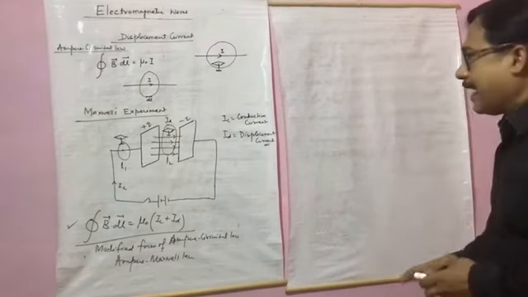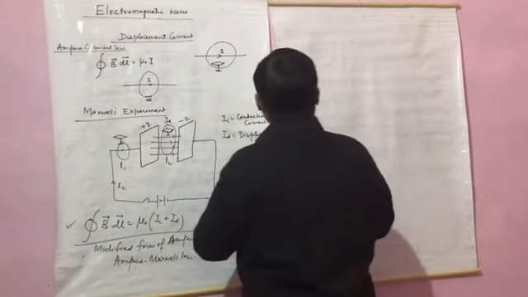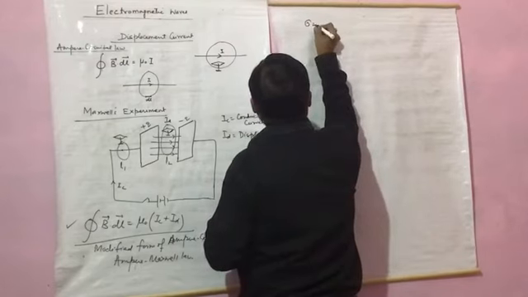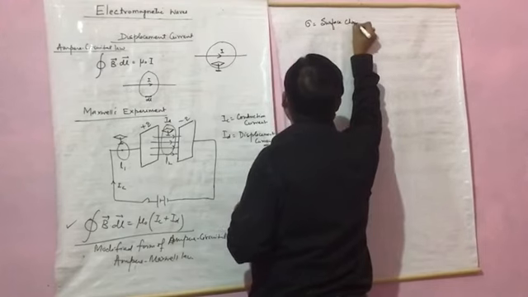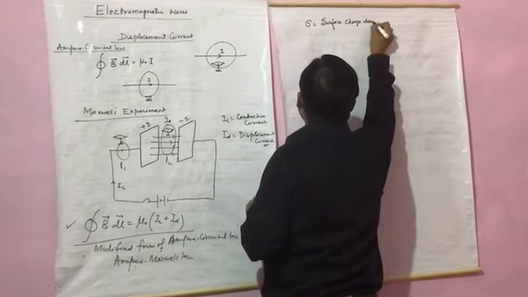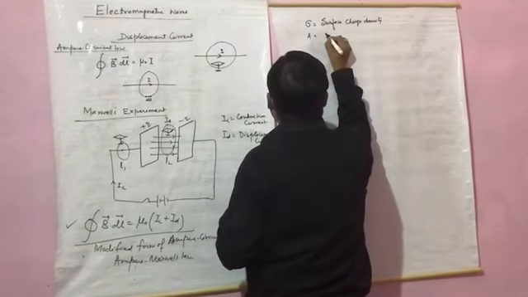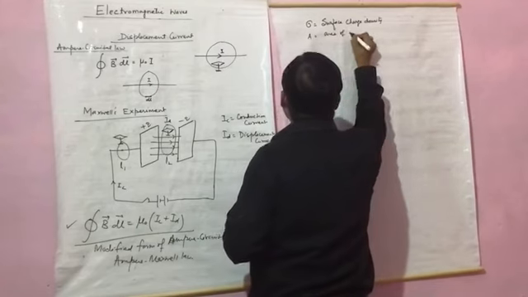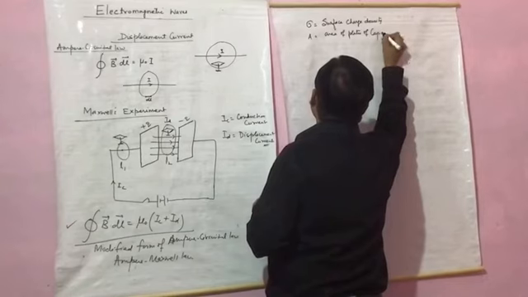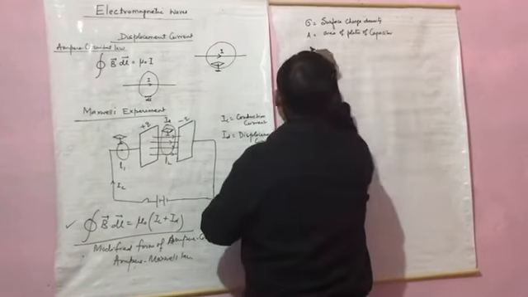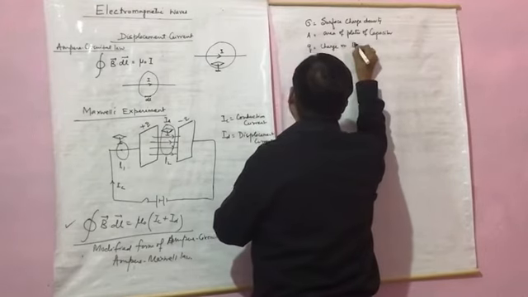Very simple to understand. For this capacitor, say sigma is the surface charge density, A is the area of the plates of the capacitor, and Q is the charge on the plates.